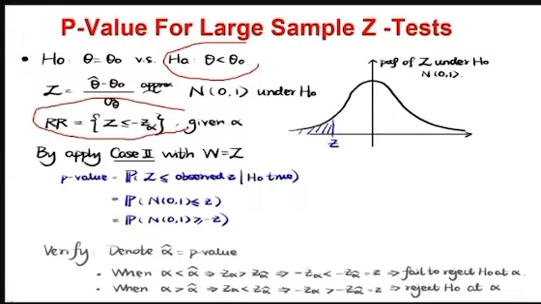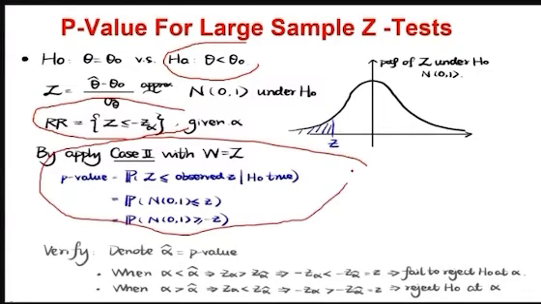This is a one-tail test. And here, if I want to get a p-value, I'm going to apply case 2. Don't forget, case 2 is the one that supports when the test statistic is small, which is going to be this here. The same decision applies, whether lower tail, upper tail or two-tail test: when the p-value is less than the level of significance, the null hypothesis will be rejected.